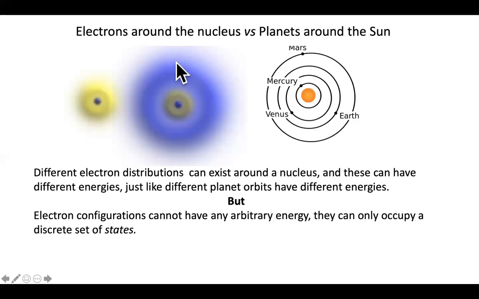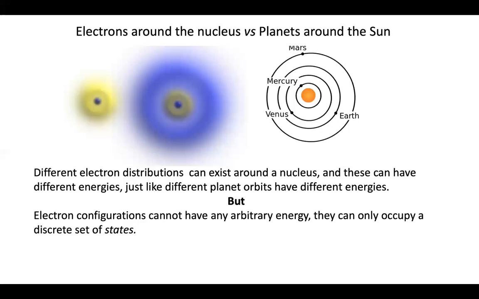That is not the case for these orbitals of electrons. Electrons do not have the option to be in any probability distribution. There are only distinct ones.